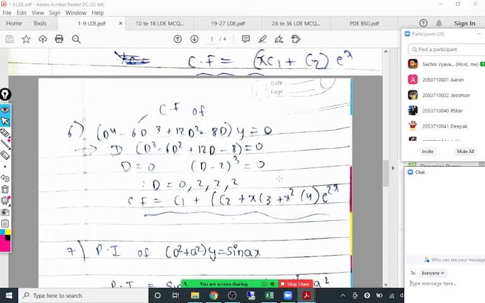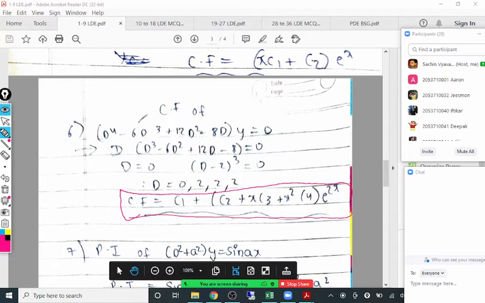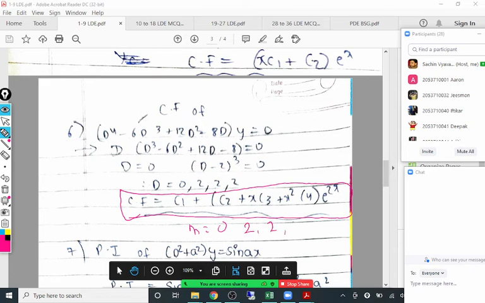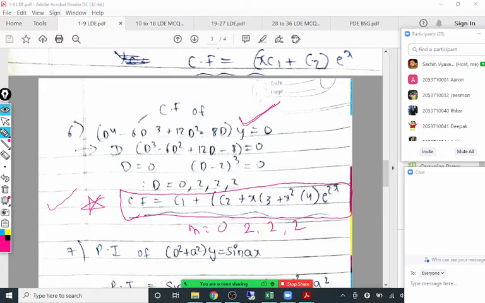For example, if this option is one of the choices, this indicates the root should be 0, that is c1 into e raised to 0x is there, and with e raised to 2x, a quadratic term is there, so it is 2, 2, 2. You have to cross check whether these 4 values satisfy this equation or not. If it satisfies, then this is the correct one. So you can go by hit and trial also, that reverse way also.